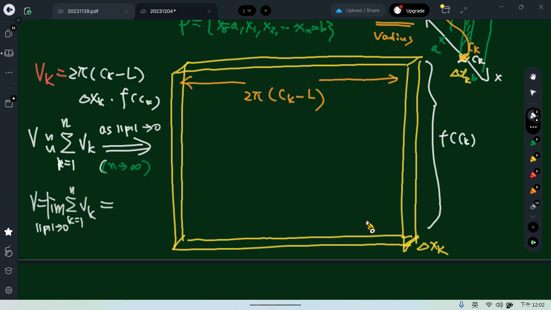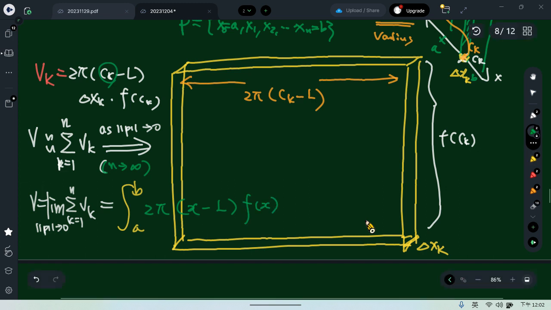So we can get the result: the integral from a to b of 2 pi times (ck minus L) times f of x dx. You can see there is always a mapping.